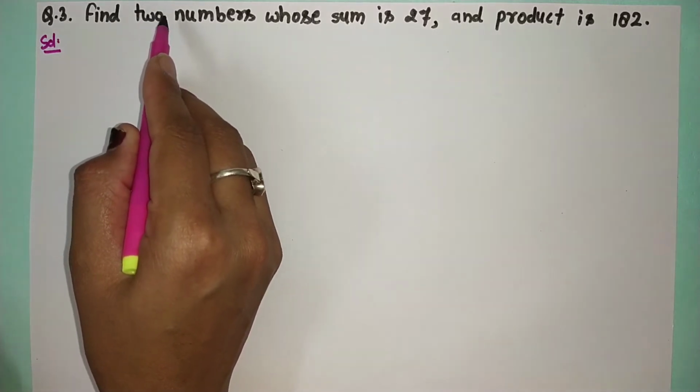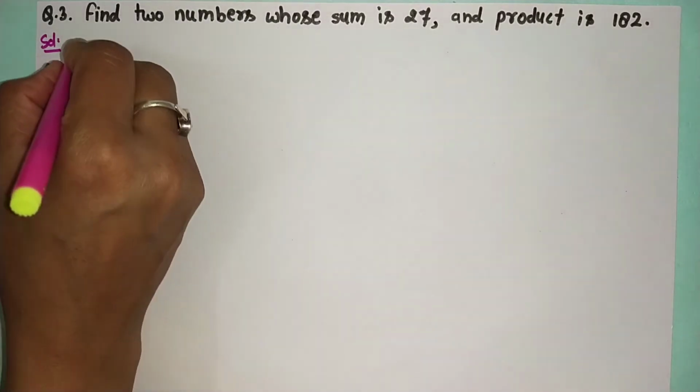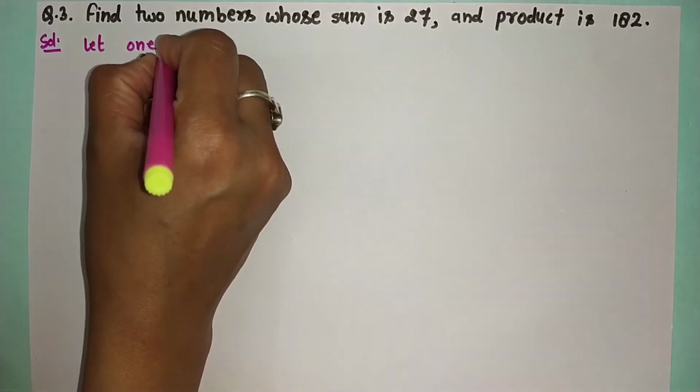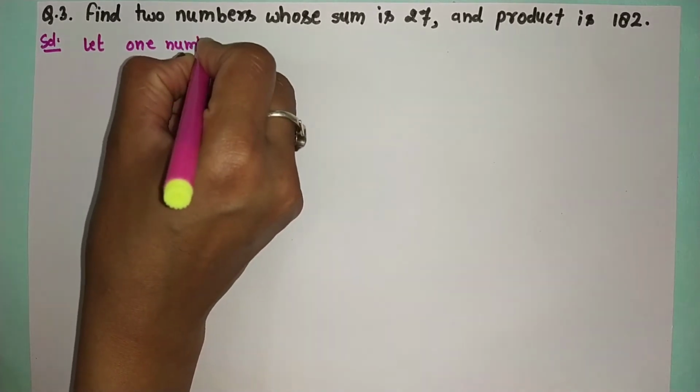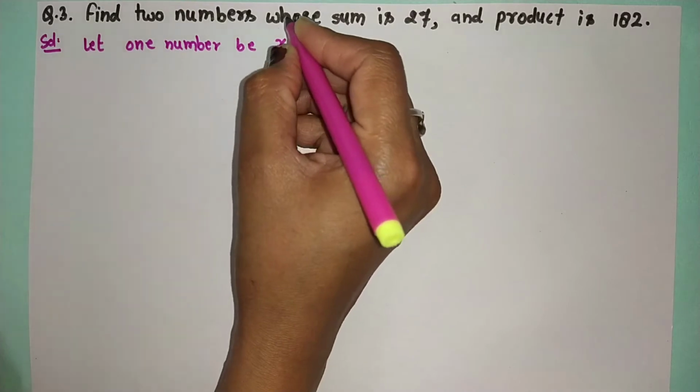It is given that the sum of two numbers is 27. Therefore, let one number be x.